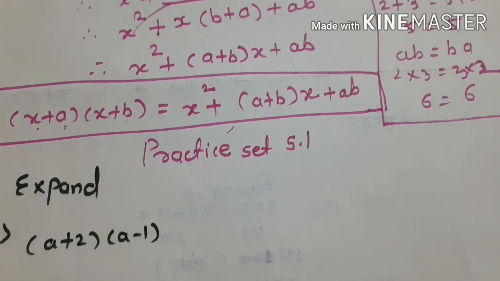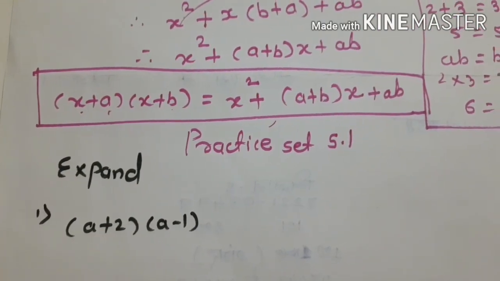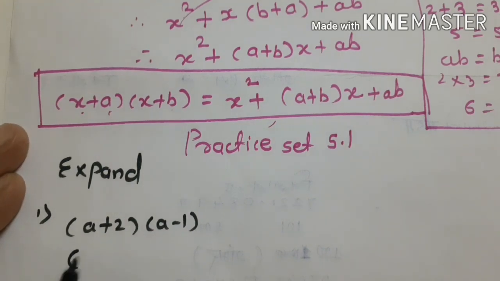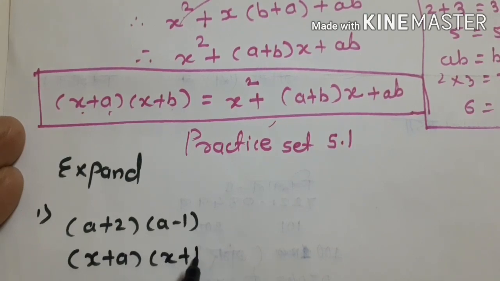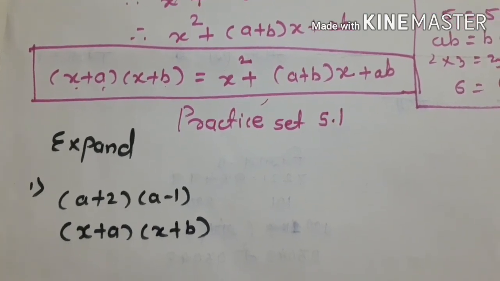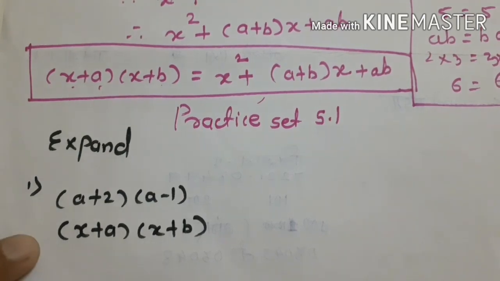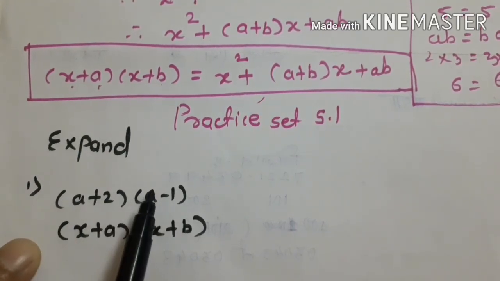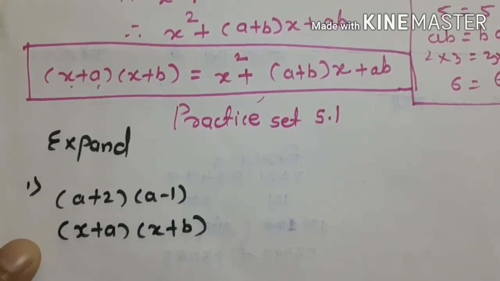Now, how do we solve this example? Look here, be careful. We have seen that the first term is the same, meaning a, and the second terms are different, meaning we convert this given example into this expansion (x plus a)(x plus b), doesn't it? This example is expressed in this form: first terms are the same and second terms are different.